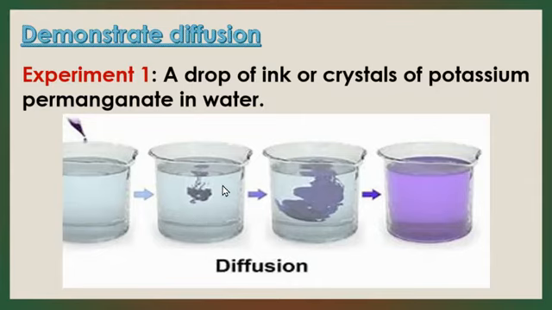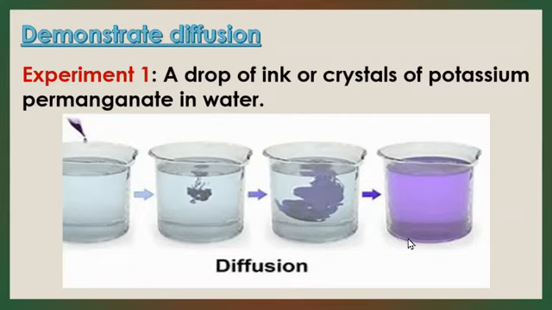This is the region of lower concentration, and this is the region of higher concentration. So it keeps on spreading until the particles of the ink spread uniformly or evenly. So this is a final stage where it is uniformly spread. So this experiment illustrates diffusion in liquid. I hope you have understood this simple experiment.